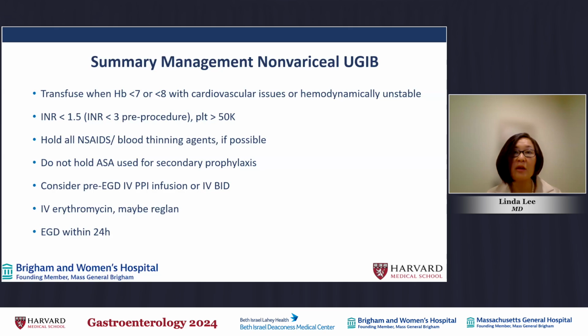You do not need to hold aspirin, however, if it's being used for secondary prophylaxis. You can consider pre-endoscopy IV PPI, although again, this has not been shown to help with any meaningful clinical outcomes. You can certainly give patients IV erythromycin, perhaps metoclopramide, and perform the EGD within 24 hours.